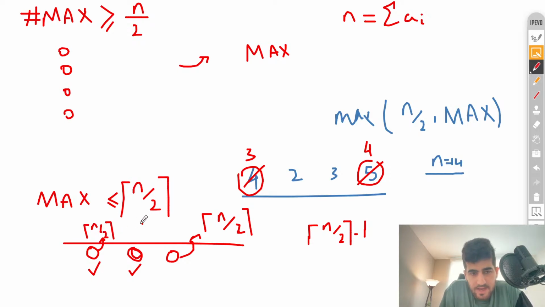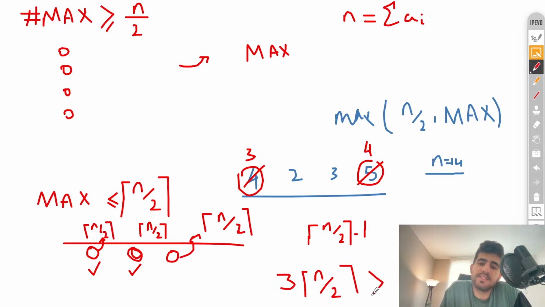This shows that we have at least 3 n halves. And since n is positive, 3 times n half is greater than n, which is a contradiction. This means that only the balls from these colors would be more than the total number of balls. Okay?